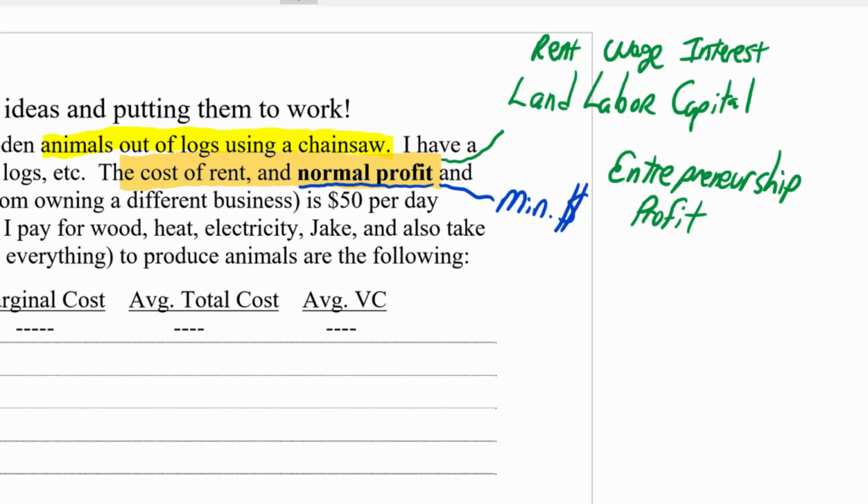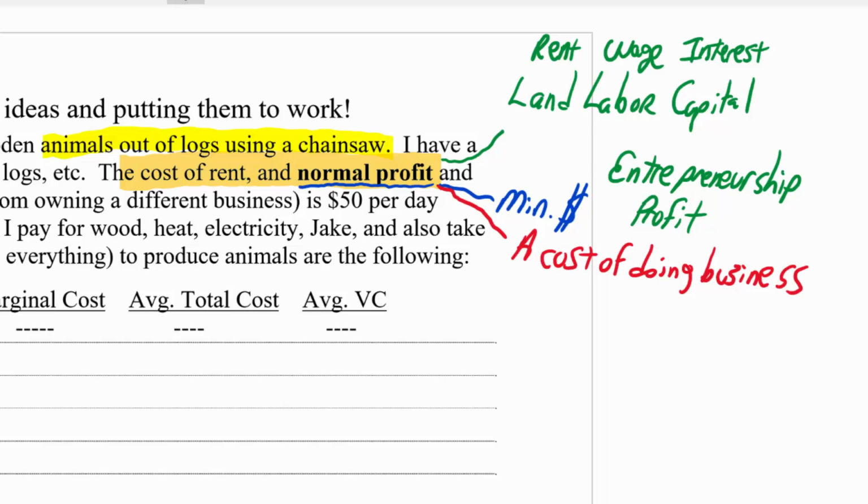Now, the strange thing about this is that to an economist, when we say minimum profit, when we say this normal profit, we say that this profit is a cost of doing business. And the first time most people hear that, it makes their head explode just a little bit, because saying that profit is a cost just seems to go against all of our intuitions.